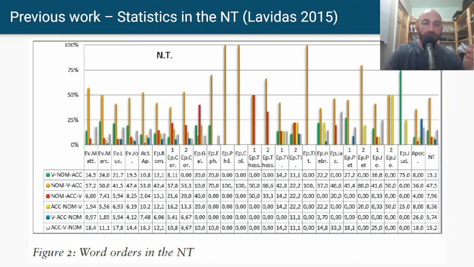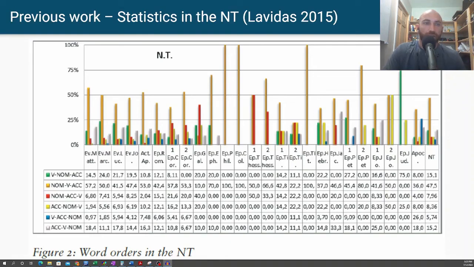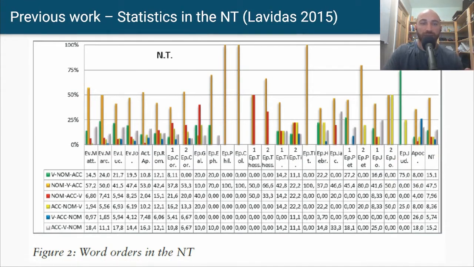The reason for this sort of broad scope study was just to see, okay, in general, what orders are we seeing in the New Testament and in the Septuagint. So the Septuagint data, he had 22% SVO and 21% VSO, and this could be a reflection.